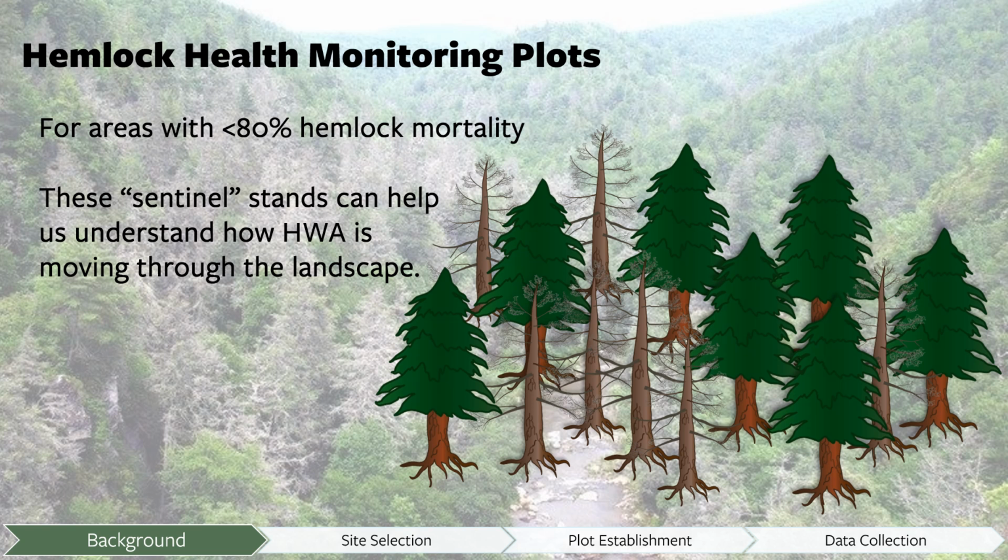These different plots would each be monitored annually to see how hemlock mortality is progressing in those areas. Once an area reaches 80% mortality, we can pivot to using the lingering hemlock protocol to find the hemlocks that are still surviving when those around them are not. So these are kind of like sentinel stands. Essentially, the goal of the Hemlock Health Monitoring Plot Network would be to track hemlock mortality as HWA is moving through the landscape.